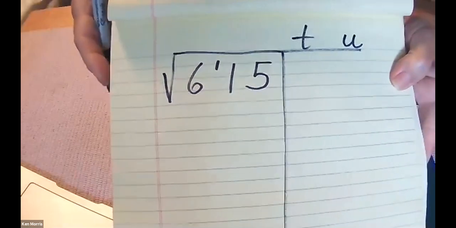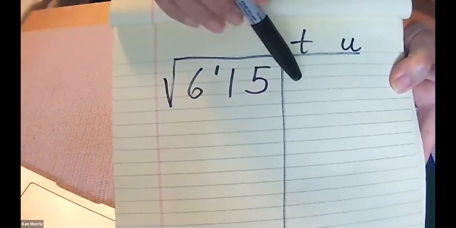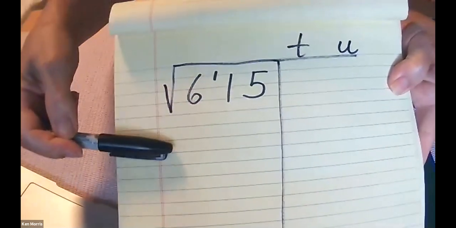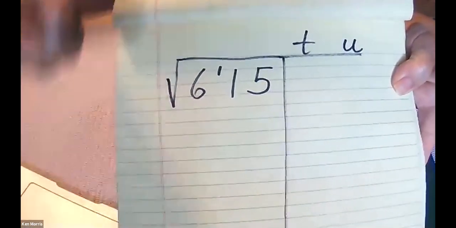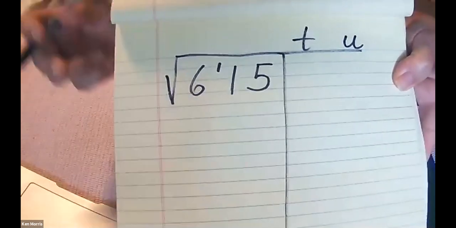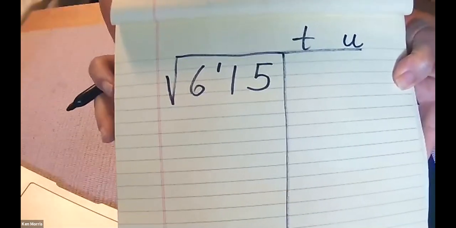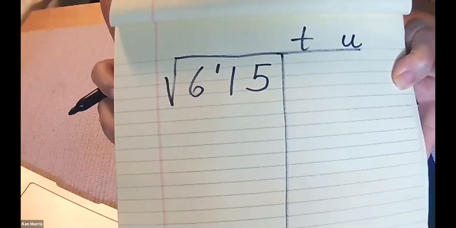So as I work, I'm going to be recording my answers here, and I'm going to be showing every step down here. It's going to look to you very similar to the division algorithm that we use here in the United States.